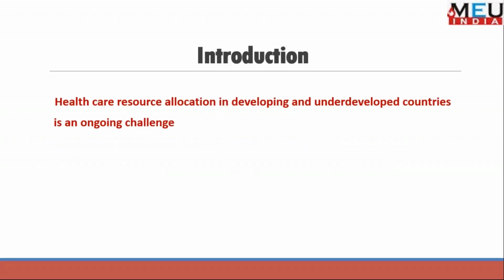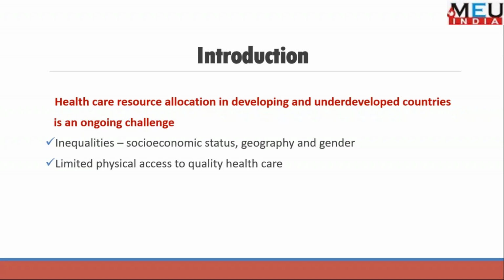Healthcare resource allocation in developing countries as well as undeveloped countries is an ongoing challenge. Why is that? Because there is an inherent inequality that exists in society, inequality in terms of socioeconomic status, geography, or gender, or many other factors.